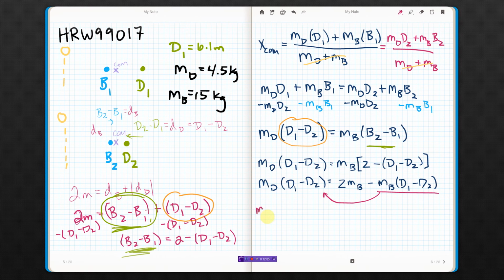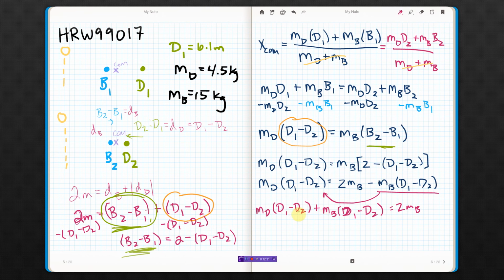Okay, so now I have mass of the dog times the quantity D1 minus D2 plus MB, because this was minus, right? So to get it over here, I do plus D. That was weird. Did you see it shift like that? That was crazy. Okay. Equals 2 MB.